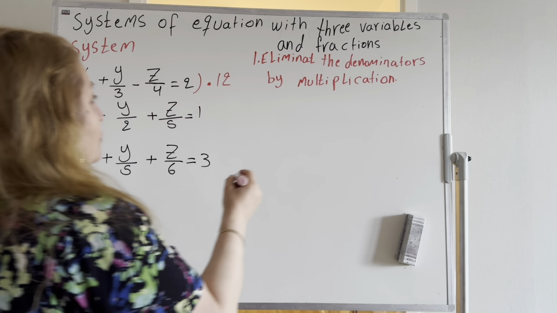I will multiply 3 by 2 by 5 by 2, which is 60. So the suitable number I must multiply the third equation with is 60.